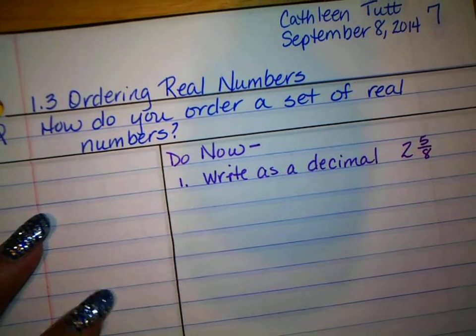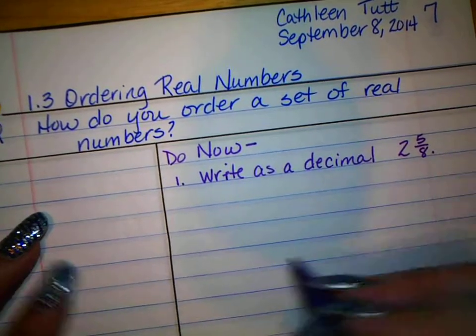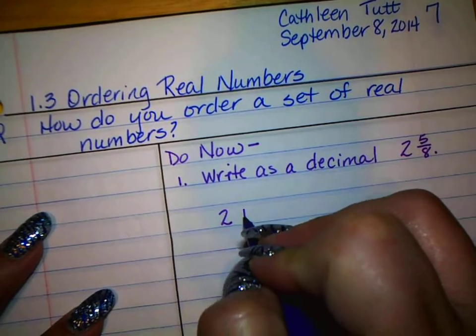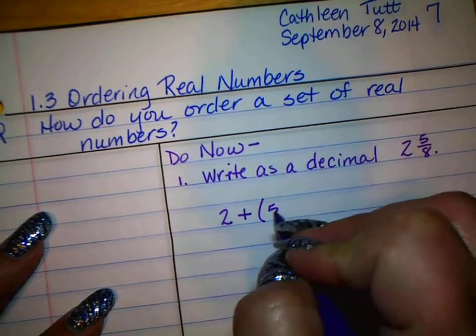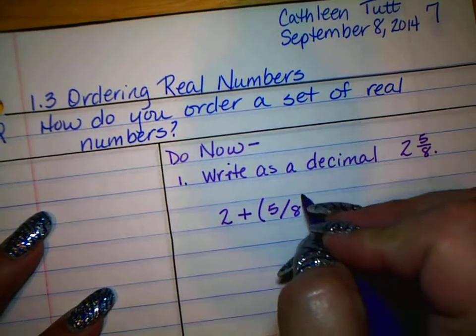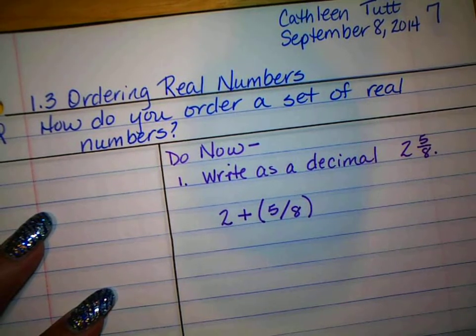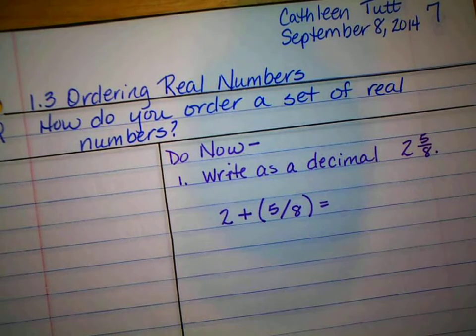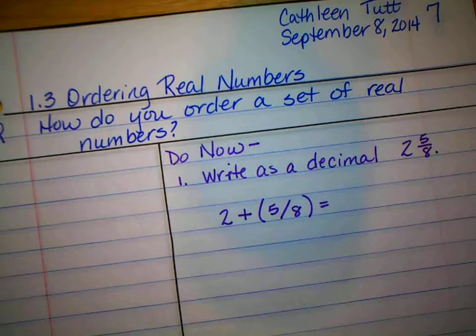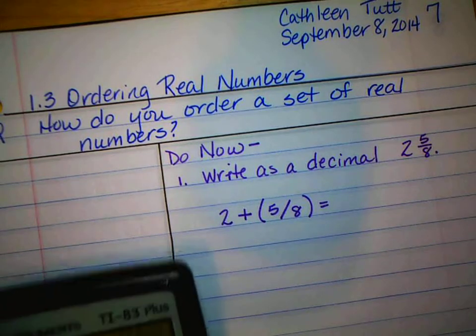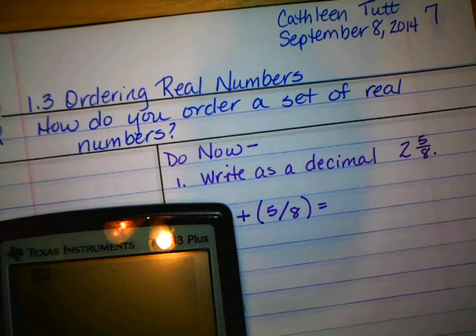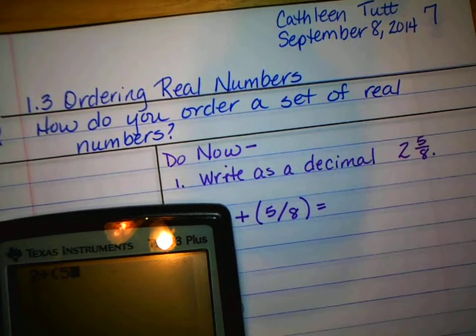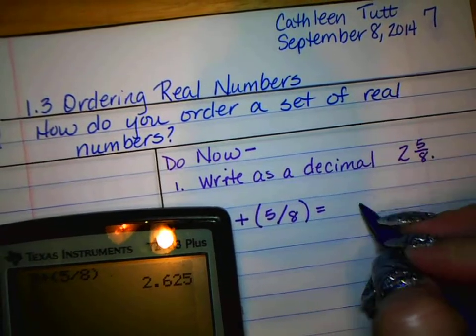And if you will remember, you're going to put that into your calculator as 2 plus 5 divided by 8, which should get you 2.625.